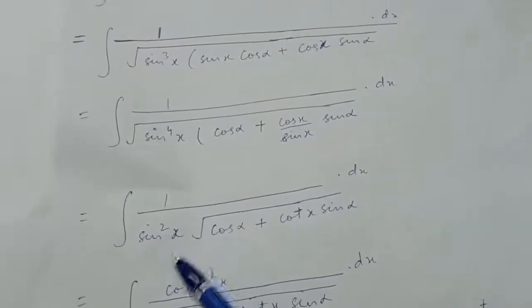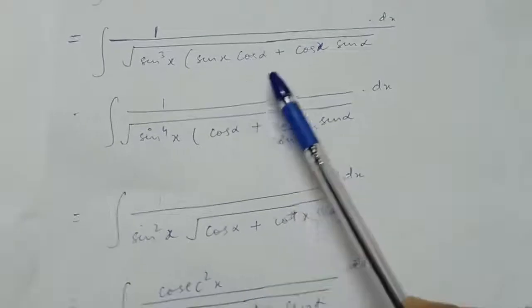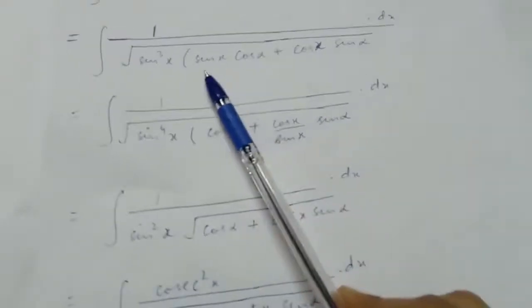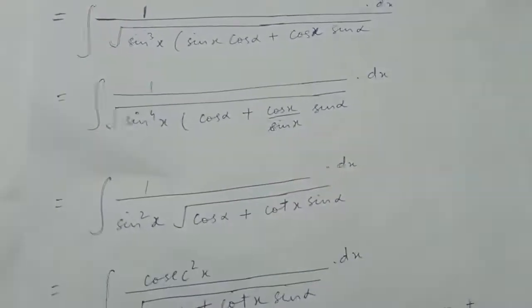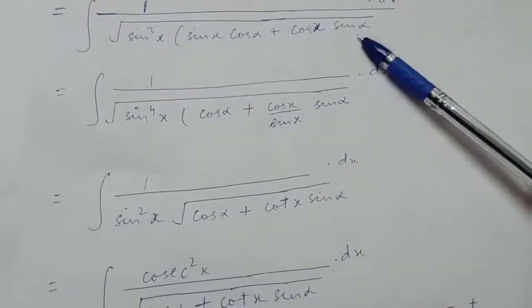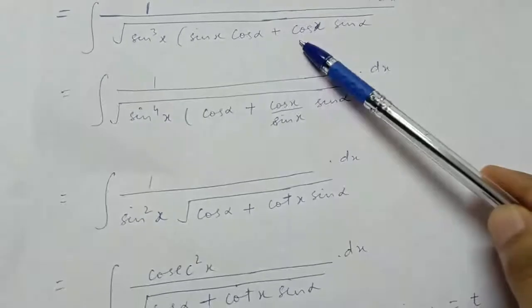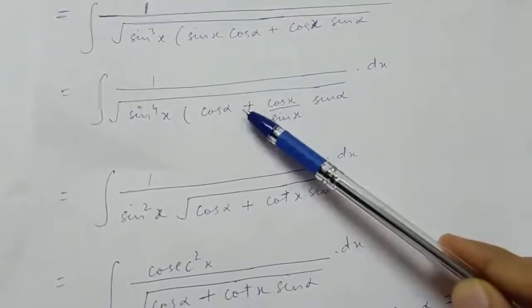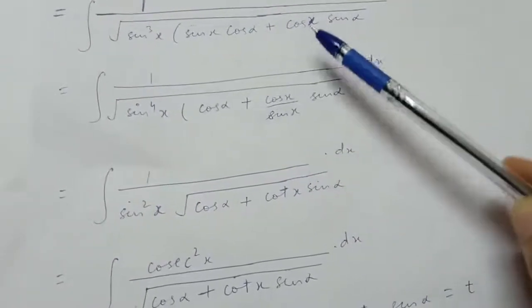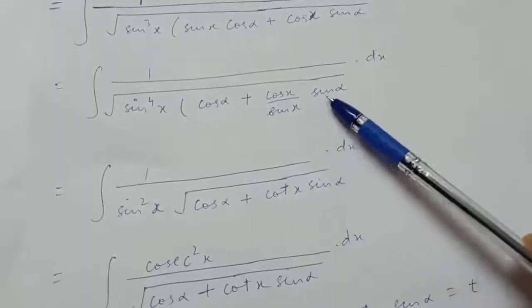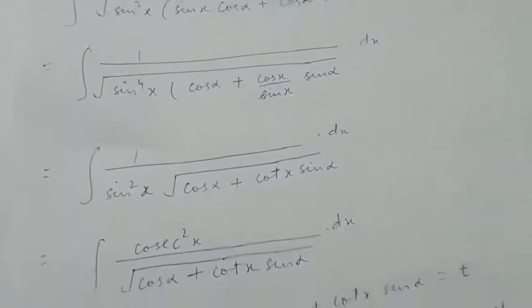Therefore we take sin x common from both terms. Now sin x exists in this term, but not in the other. So when you take sin x common, this will be cos alpha plus cos x upon sin x into sin alpha.